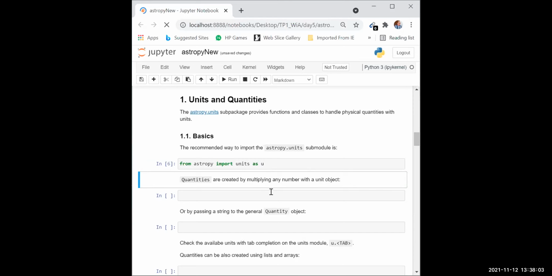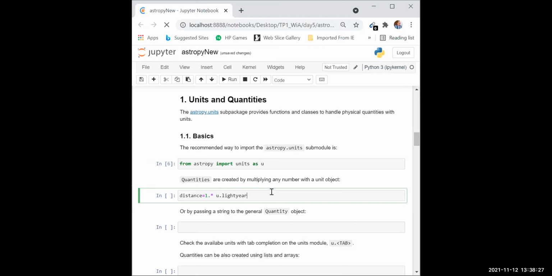And then if I say distance is equal to 1 point, and I put, say, when I multiply it by U dot light year.